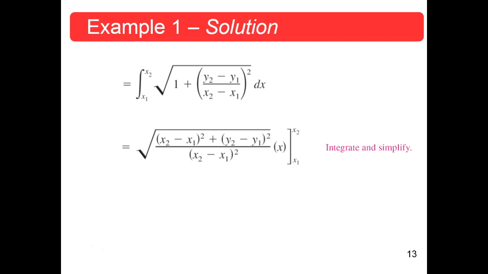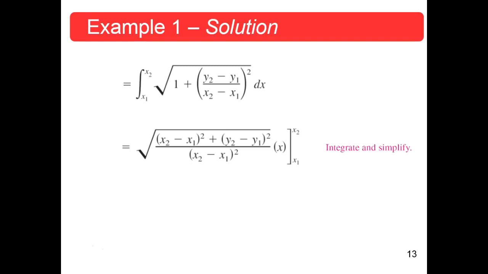You express the 1 as x2 minus x1 squared over x2 minus x1 squared, and then you have x2 minus x1 squared plus y2 minus y1 squared as your numerator, over this as your denominator. This is all a constant, so that's out front, and the antiderivative of dx is x.